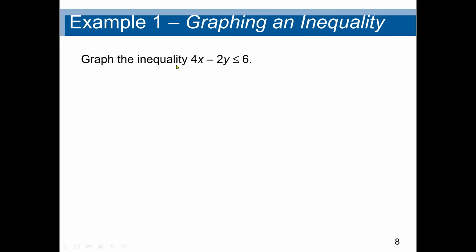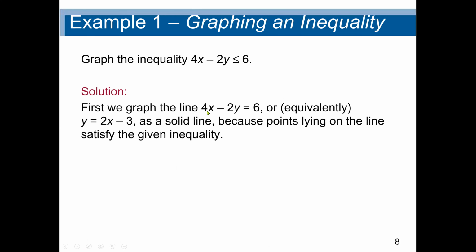So let's go through the steps. We have 4x minus 2y less than or equal to 6, so we are going to graph 4x minus 2y equal to 6. We can divide everything by 2 and get 2x minus y equal to 3. So it's the same as writing y equal to 2x minus 3.